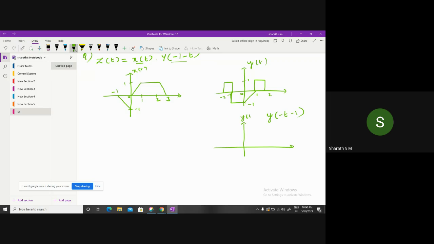Once it shifts to the right side, what is the signal range now? Previously it is minus 2 to plus 2. After the shift, what is the range?